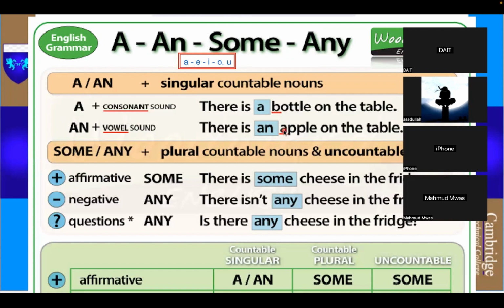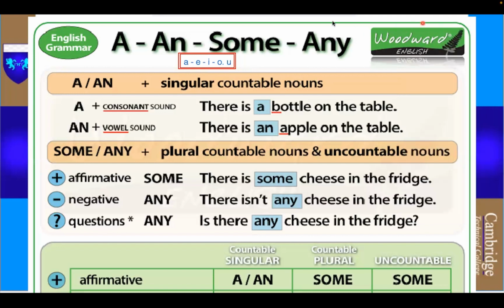So you can give me some examples of words that start with these vowels. There is an orange on the table. An orange on the table, very good. Also, give me more examples. Maybe for E. What did you have last Sunday?